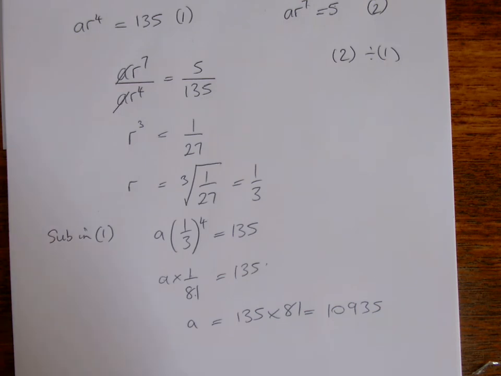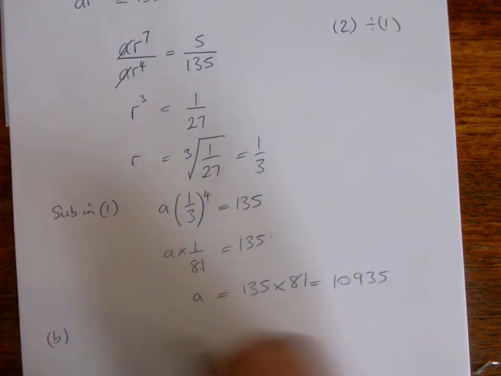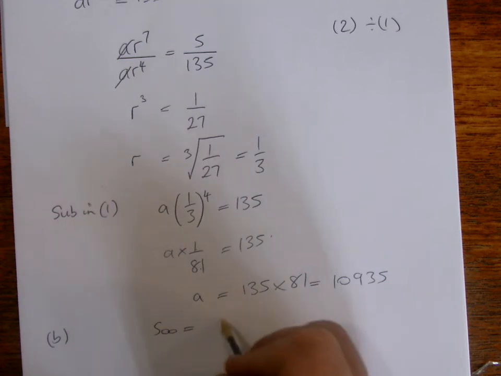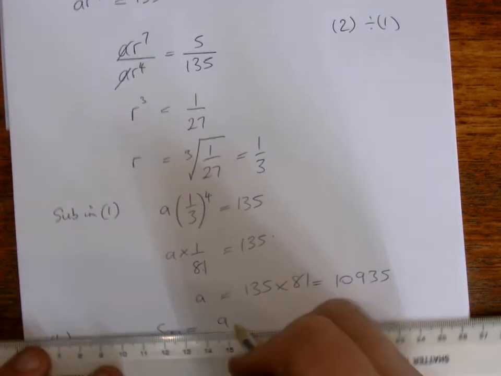So then in part B, they want the sum to infinity. So remember the sum to infinity formula is a over 1 minus r.